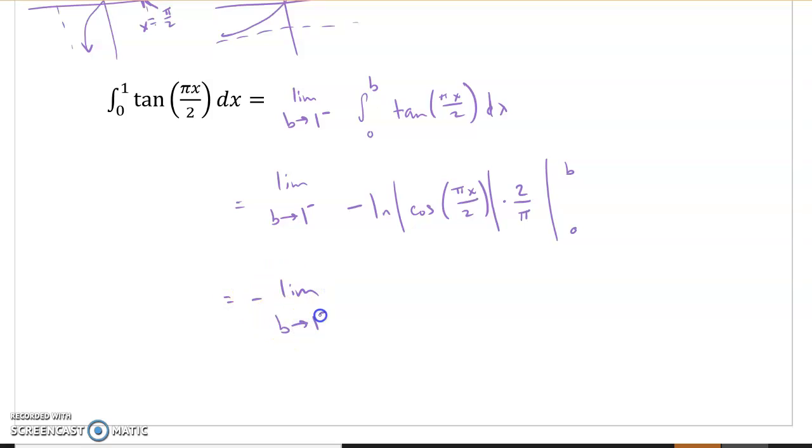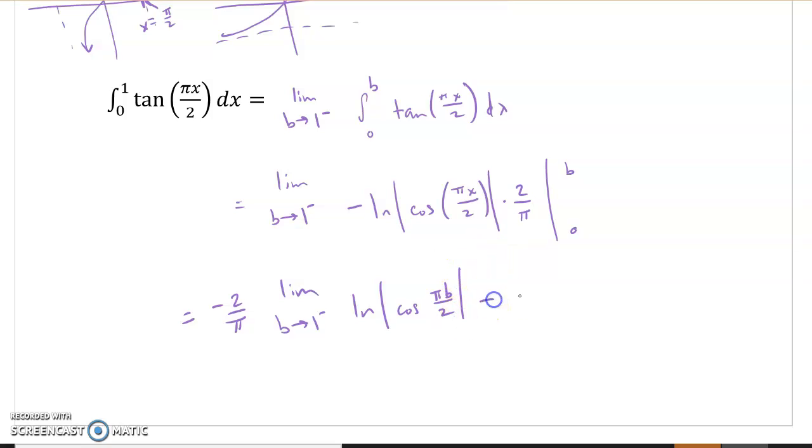And we end up with the natural log of the absolute value of the cosine of pi times b over 2. I'll factor out the negative, not just the negative, but also the constant 2 over pi. So I'll put negative 2 over pi out front. And that makes things even better.